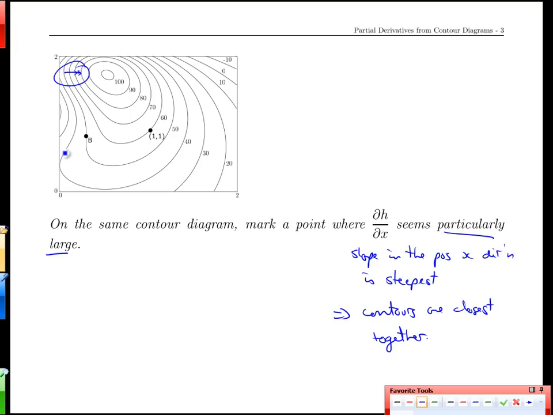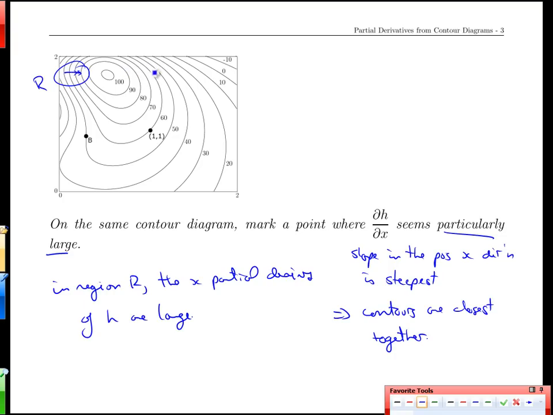And so in this region here, let's call it region R, the x partial derivatives of h are large. Again, finding the largest might be a bit tough. They're certainly pretty close to as large on this side, though they would be negative.